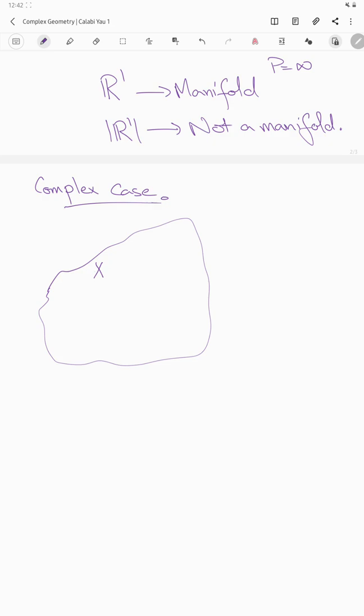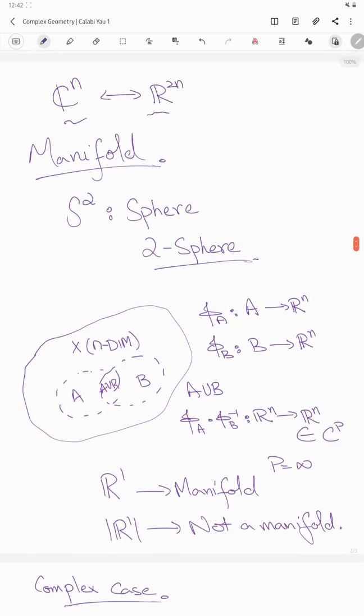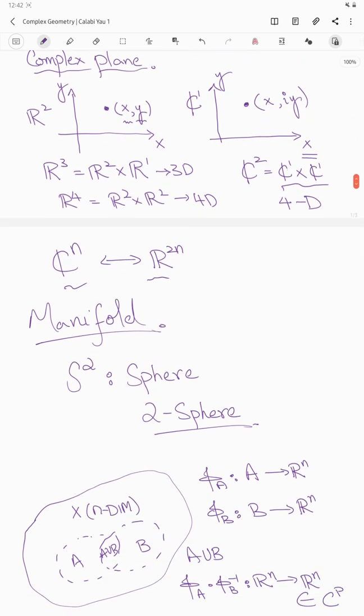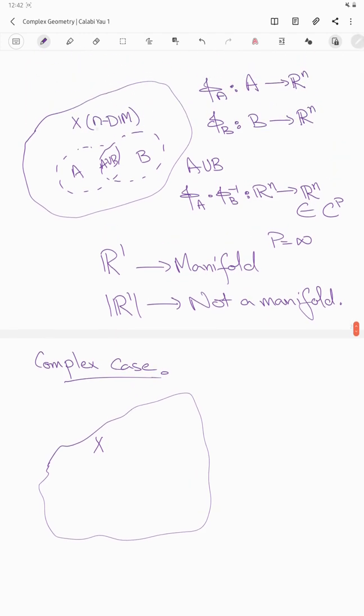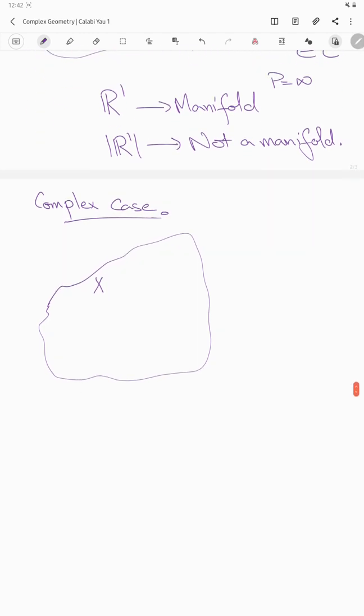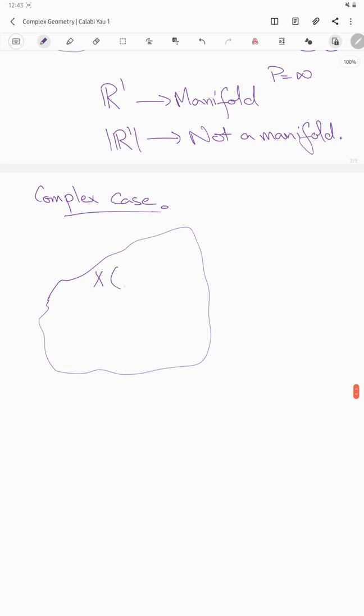But for the complex case, if you go back over here, we saw that we could exchange Cn and R2n. So if I have n dimensions over here, then in this case I should have 2n dimensions.